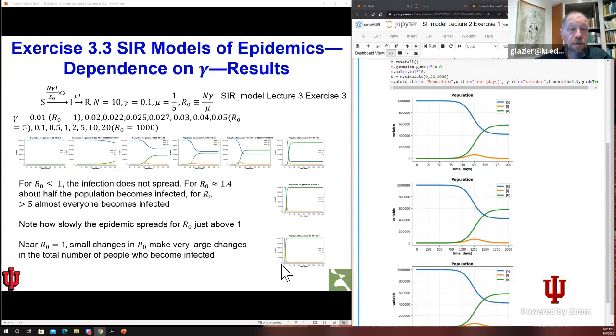Going from an R naught of 1.1 to 1.2 looks like a very small percentage change. But if you subtract 1, you're going from 0.1 to 0.2, you're doubling. And so really it's R naught minus 1 that matters. And we'll come back to that a bit later.